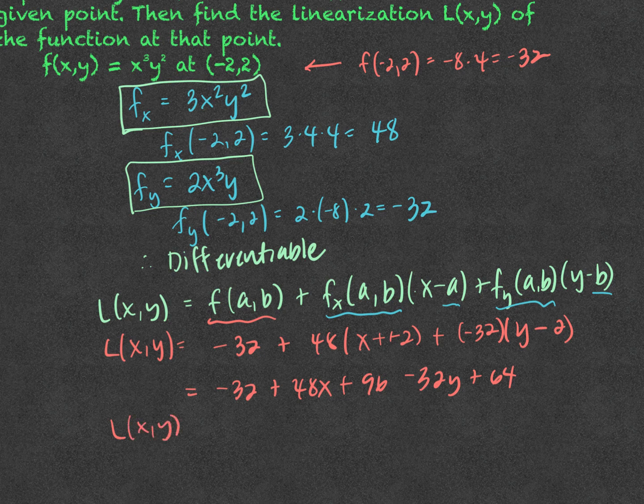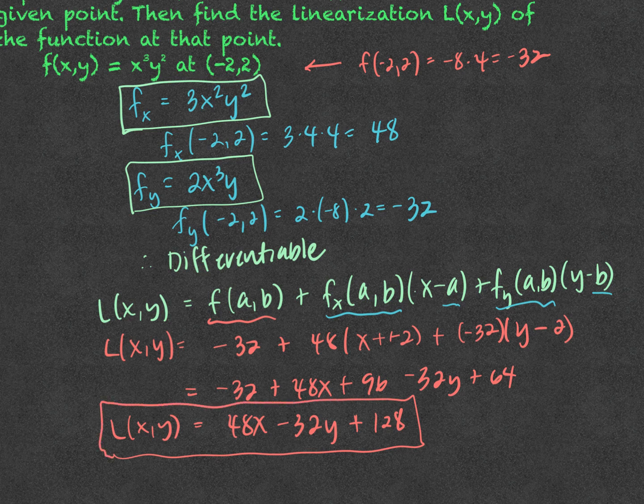So our linearization at (x, y) is equal to 48x minus 32y plus 128. So this is our linearization at (x, y), specifically at the point (-2, 2). So that's the linearization of the function.